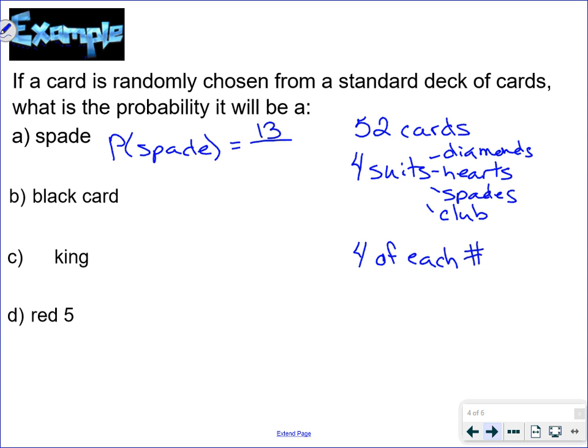So there are the numbers 1 to 10, plus the jack, queen, and king. So there are 13 spades out of the total of 52 cards in the deck. If we put this into lowest terms, we can divide by 13, and we get 1/4. So the probability of choosing a spade is 1/4.